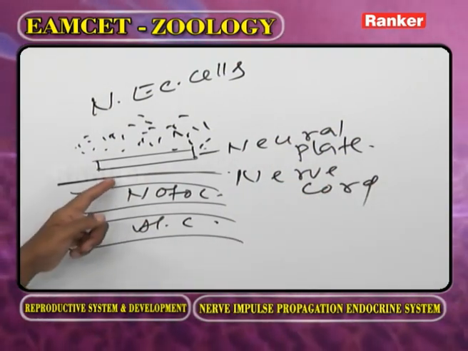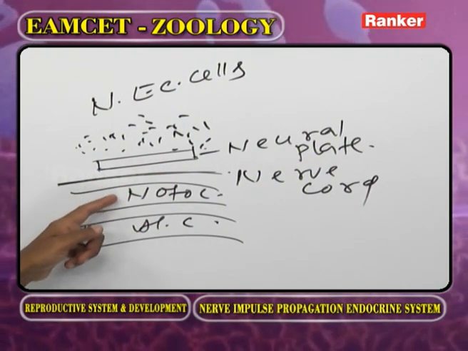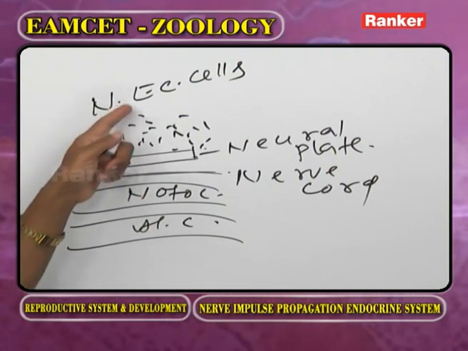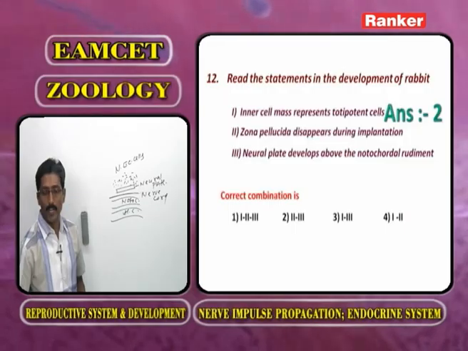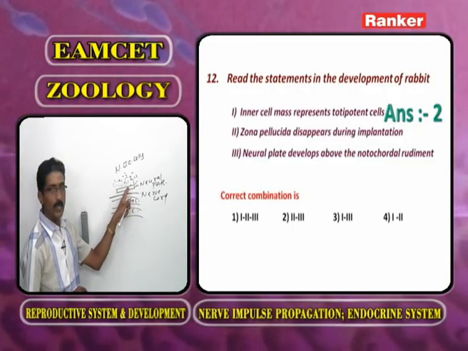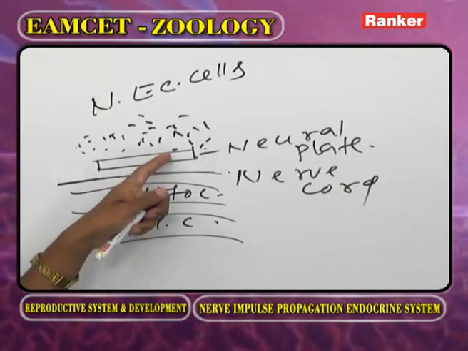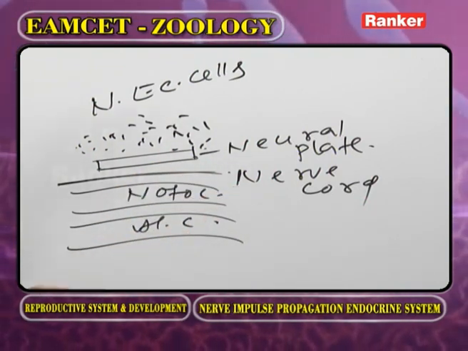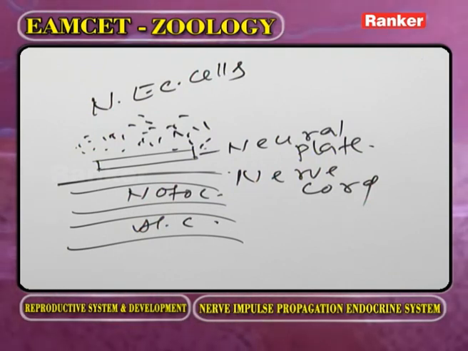Now you have to observe the nerve cord develops above the notochordal rudiment from neuroectodermal cells. You have to observe the diagram. This is notochord. Above that is the neural plate. From this, what is going to develop? The nerve cord and its components. Now we go for the next question.